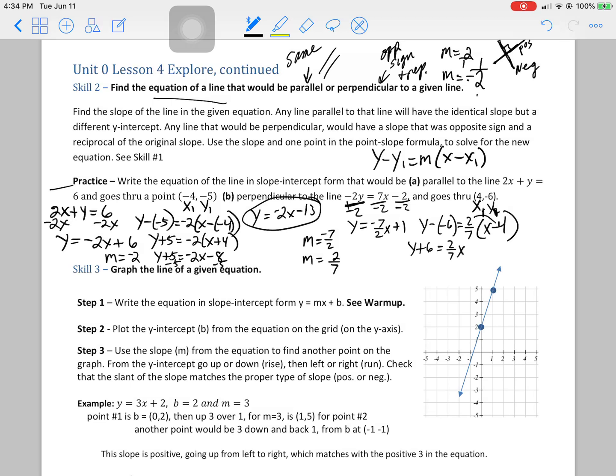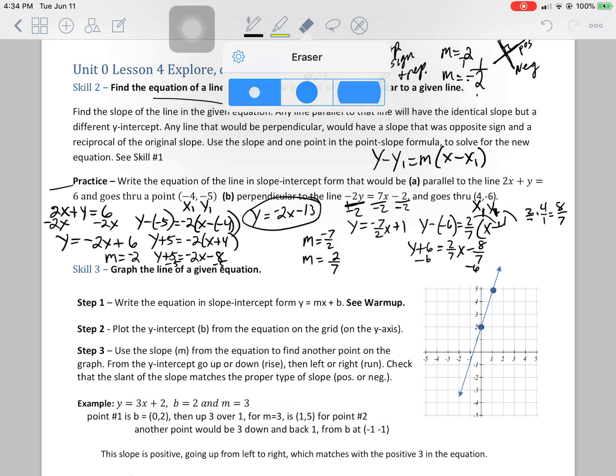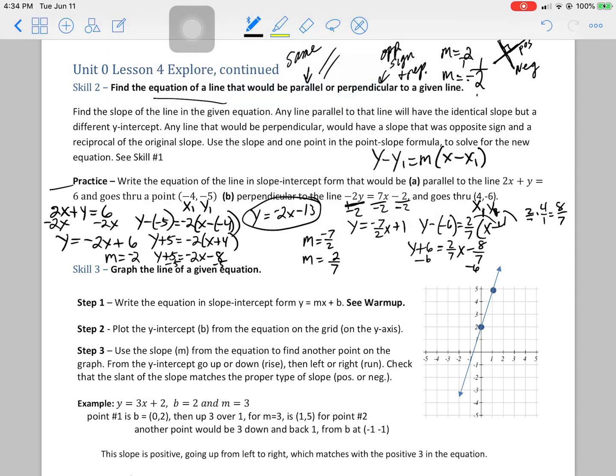Let's distribute. 2 over 7 times 4 over 1 is 8 over 7, and there's a minus there. Okay, and then we want to subtract 6. How do you subtract 6? Hang on. Oh! Let's fix that so it doesn't get so big again. Okay. Sorry, that was a 2 over 7.